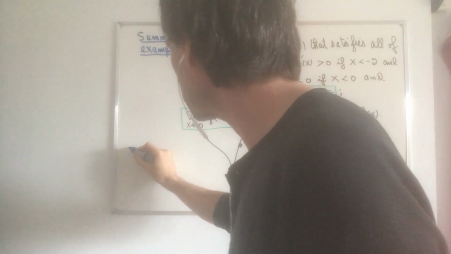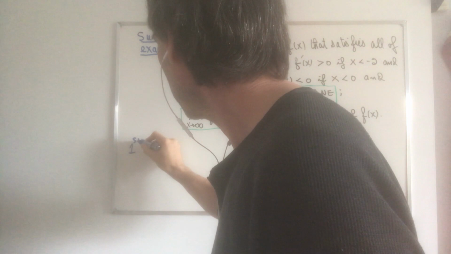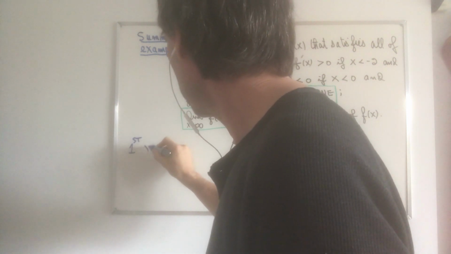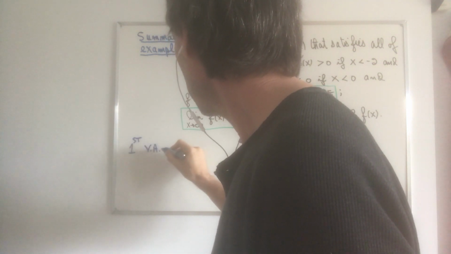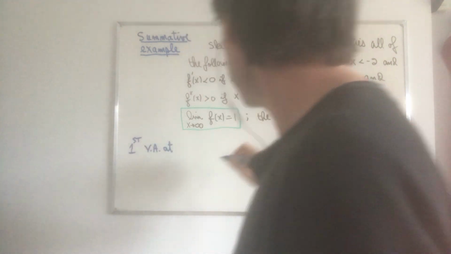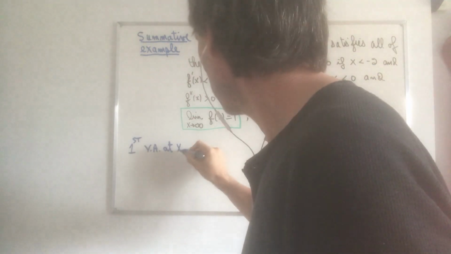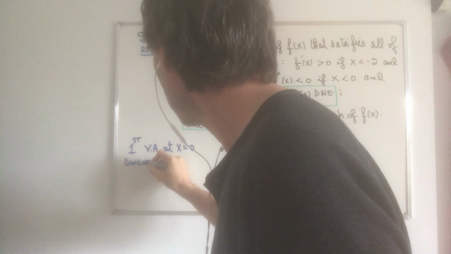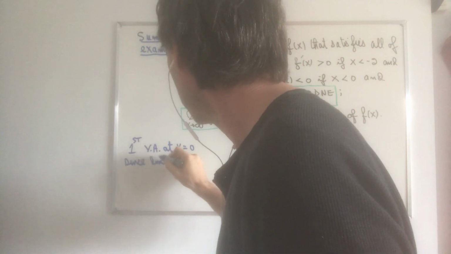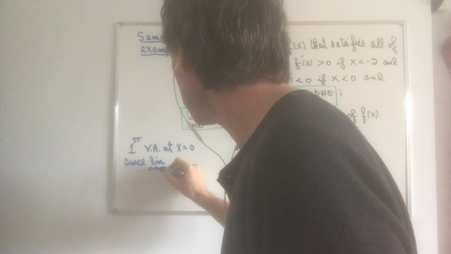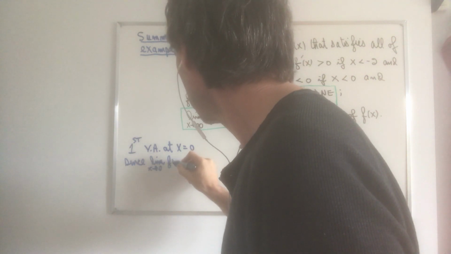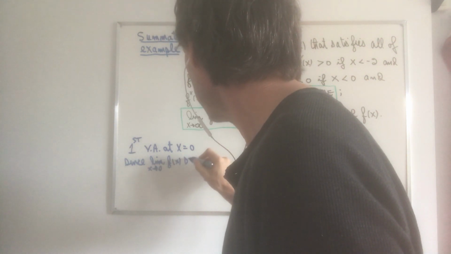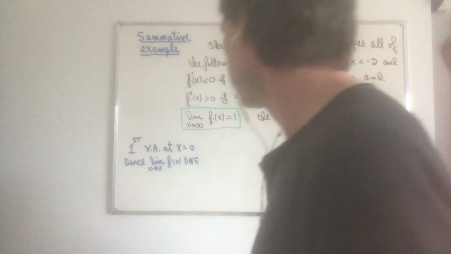So the first thing I want to say is that there is a vertical asymptote at x is equal to 0, since the limit as x approaches 0 of f of x does not exist. That we are given.